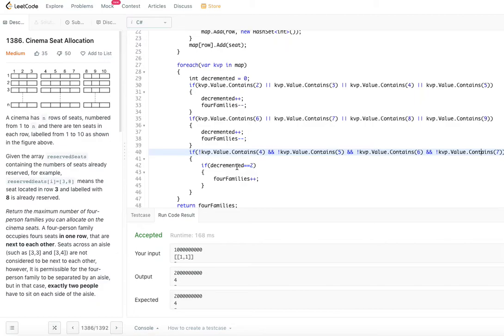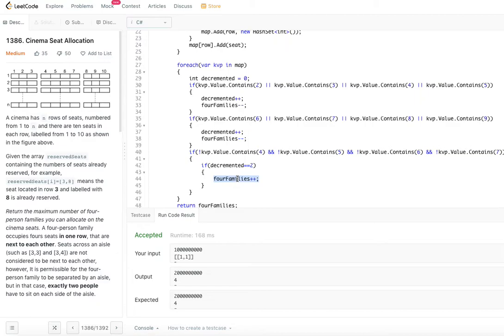In that case, we are still able to allocate one family. So we decremented 2, but in this case 4, 5, 6 and 7 are open. So that means either 2, 3 or 8, 9 are taken.